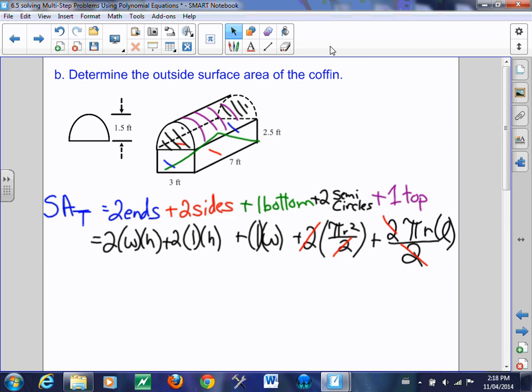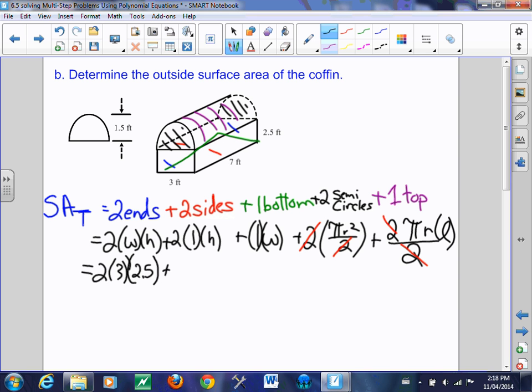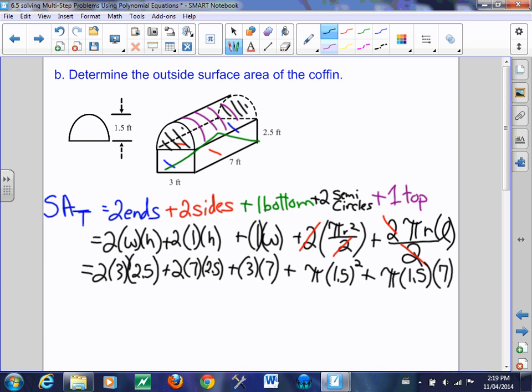Okay? So let's sub in our information. So you've got 2 times 3 times 2.5 plus 2 times 7 times 2.5 plus 3 times 7 plus pi times 1.5 squared plus pi times 1.5 times the length, which is 7.